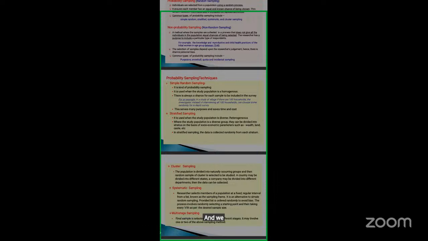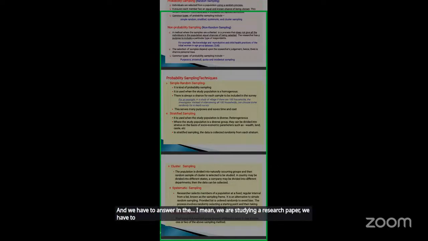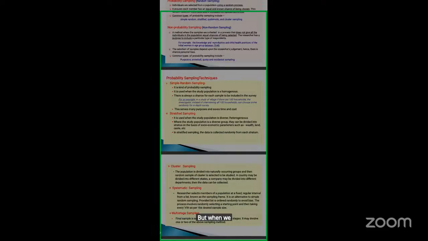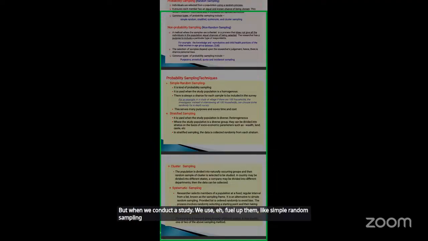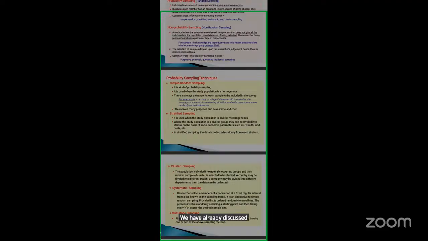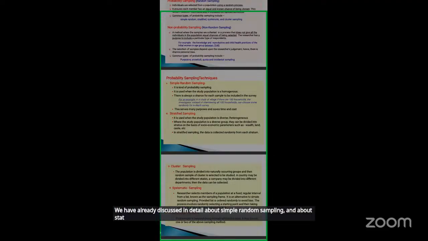When we are studying a research paper, we have to study all these methods to know them and write in our exam. But when we conduct a study, we use a few of them, like simple random sampling and stratified sampling. We have already discussed in detail simple random sampling and stratified sampling.